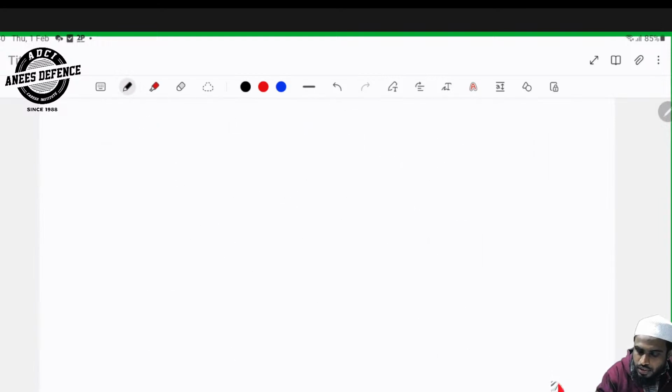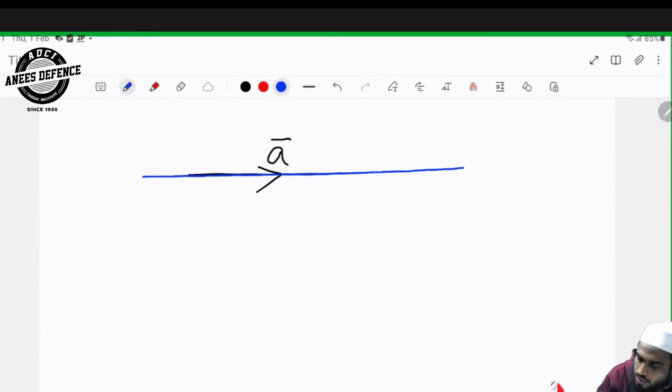Now you can see one vector is like this, that is represented as A. Another vector is like this. For the first vector the length is this much only. This is my A vector.